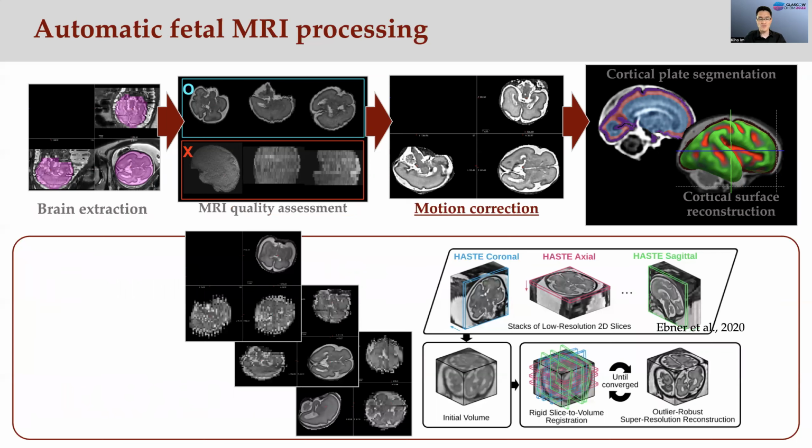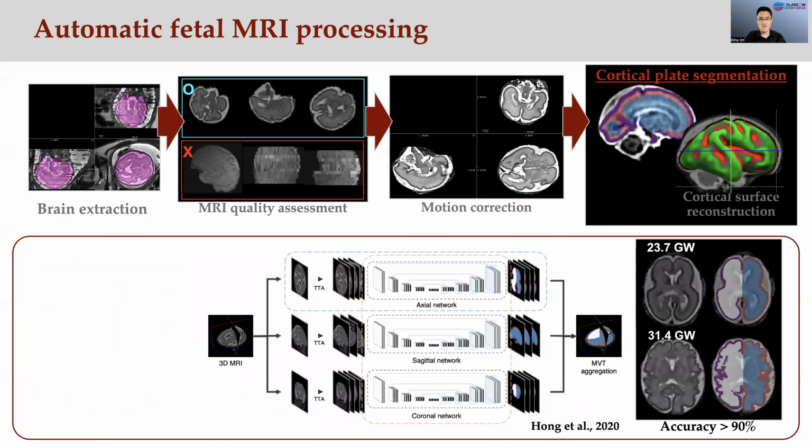T2-weighted structural fetal MRI shows interslice motion artifacts, so we are using slice to volume matching and registration techniques to remove that interslice motion. After motion correction, we performed cortical plate segmentation. We recently developed automatic fetal cortical segmentation method using 2D fully connected convolutional neural network.